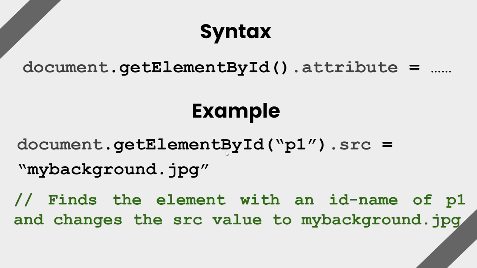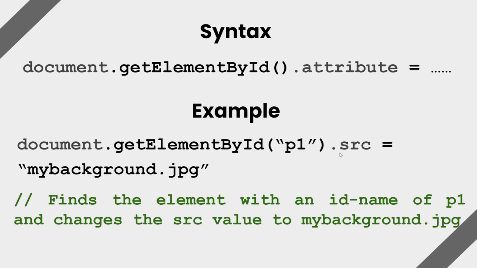Now the next thing that follows is the particular attribute you want to change, and you can see that in the example we have here, we are making use of document.getElementById with the id name of p1, and then we attach the source attribute to this syntax. So what this means is that this particular code in the example would only work if the HTML element has this source attribute.